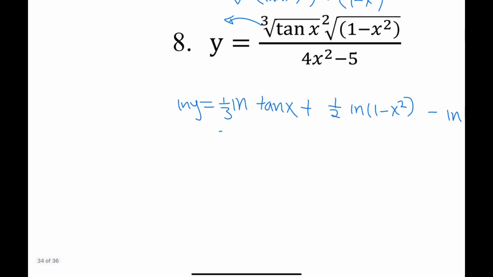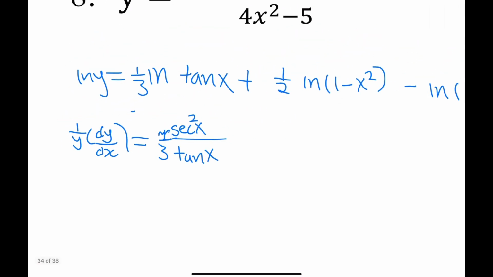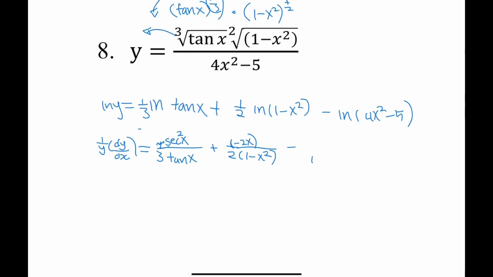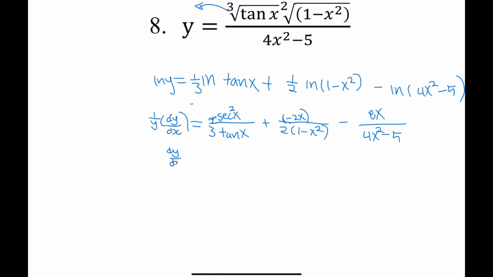Okay, so derivative of ln y, 1 over y, dy dx equals 1/3 tangent x, all over secant squared x, and then plus 1/2 over, and then chain rule, so negative 2x, right? And then minus 4x squared minus 5, and then chain rule, so 8x, right? So let's multiply by y to the whole thing.